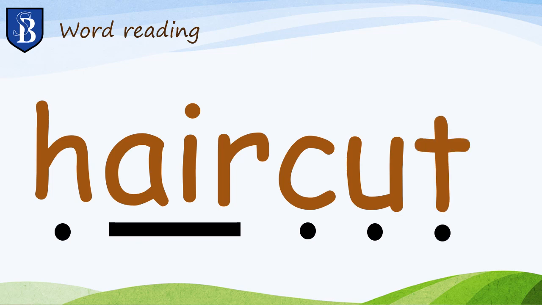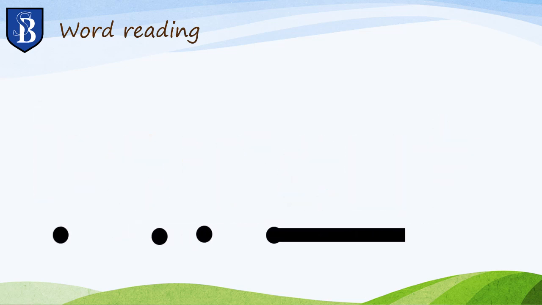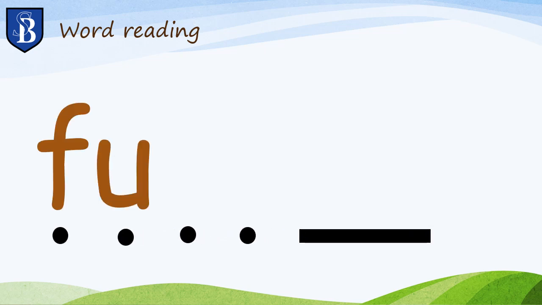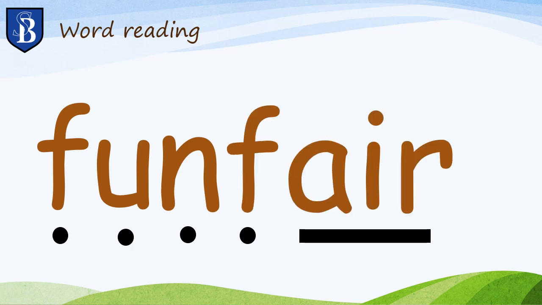Remember, adults, if we're reading a word with 2 syllables like this, it might be easier for your child to read each syllable, blend it, and then put them together. For instance, hair, cut, haircut. Fun, fair, fun fair.